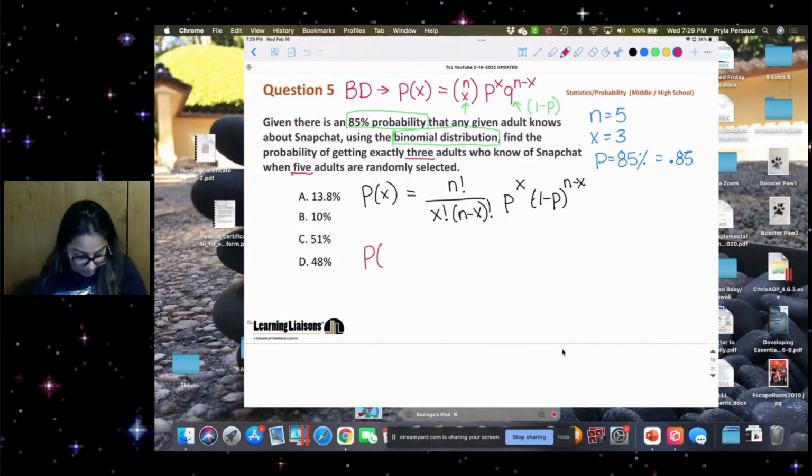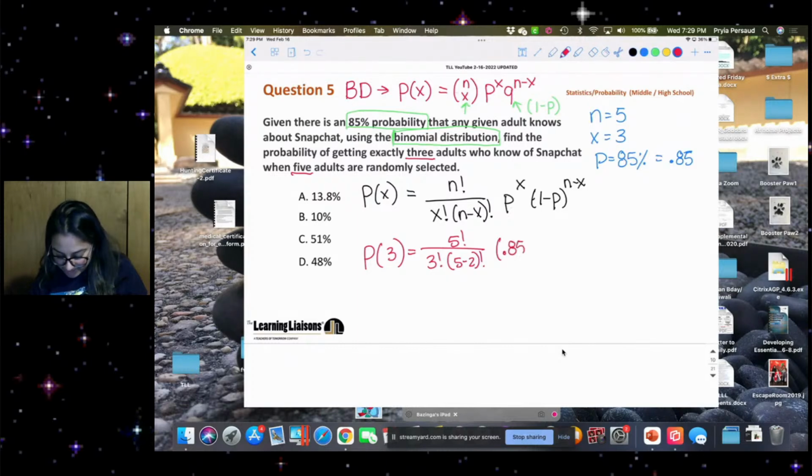So I'm going to have P of 3 is equal to 5 factorial all over 3 factorial, 5 minus 3 factorial, times 0.85 to the 3rd power and 1 minus 0.85 to the 5 minus 3. Originally I said 5 minus 2 factorial, and the exponent should be 5 minus 3.